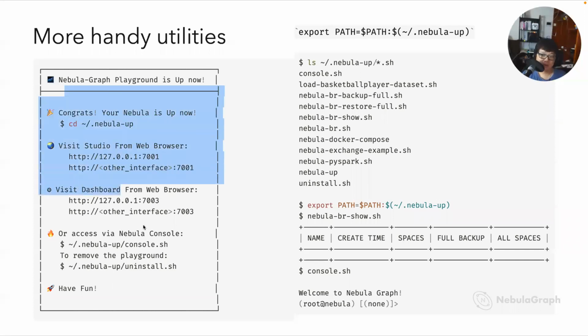So for example, this is the output. You can use this line to cd to all the files involved for Nebula-UP. You can check out yourself. And you can use Nebula Studio on this port, and you can have the Nebula dashboard on another port.